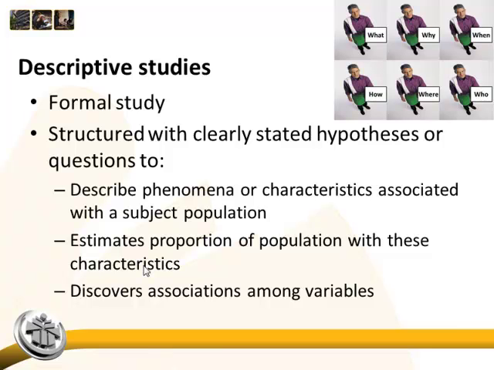And then we can start estimating proportions of the population with these characteristics. So if we ask 1,000 people in Soweto and 1,000 people in Sandton, we can start saying, let's say 75% of the respondents in Soweto were happy with the service.